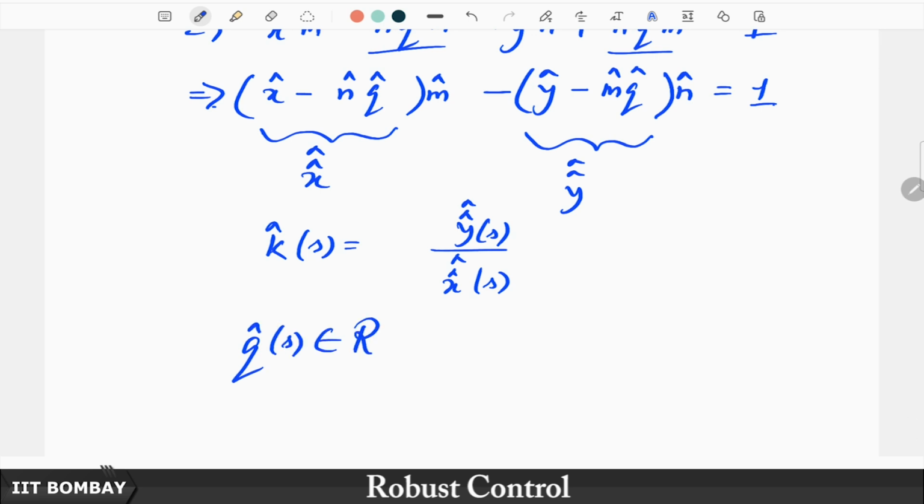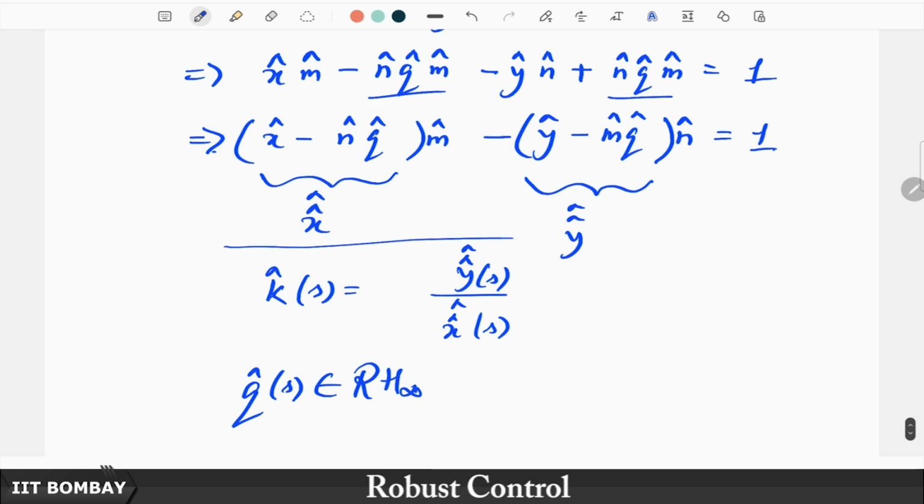So, suppose I choose this q hat to be in RH infinity, yeah, it turns out that even this is a stabilizing controller.